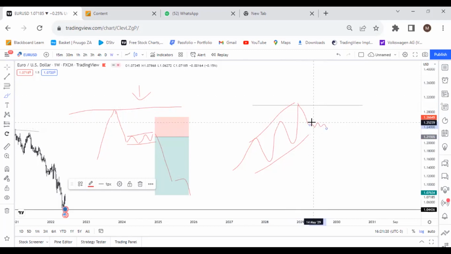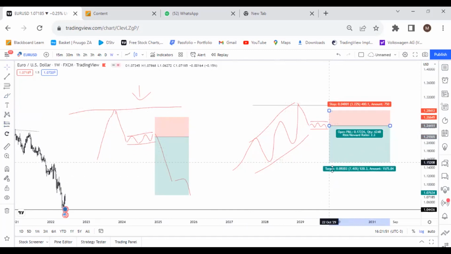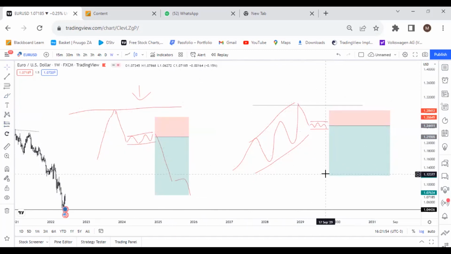Usually these corrections come in different shapes or structures, if I may say. So it's quite difficult spotting these type of corrections as you need to be very visual and alert. So you wait for that and you trade based off that correction. So these are the two cases that could happen.